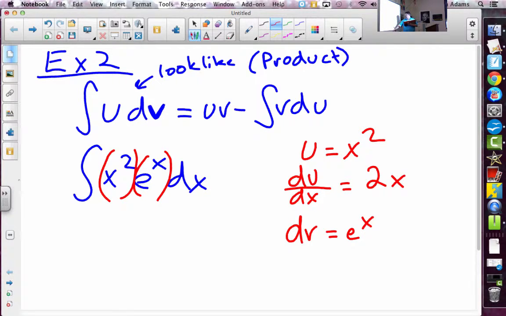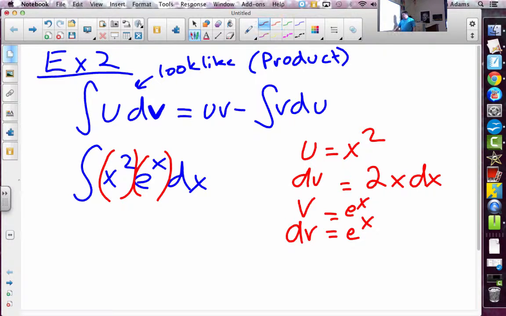And then remember that dx can be tacked on the end. So I could say du and then tack that dx on the end. Okay, so that's u. And then if I take the antiderivative of e to the x, somebody remind me what the antiderivative of e to the x is. Isn't it e to the x? Yeah. That was kind of a trick question.